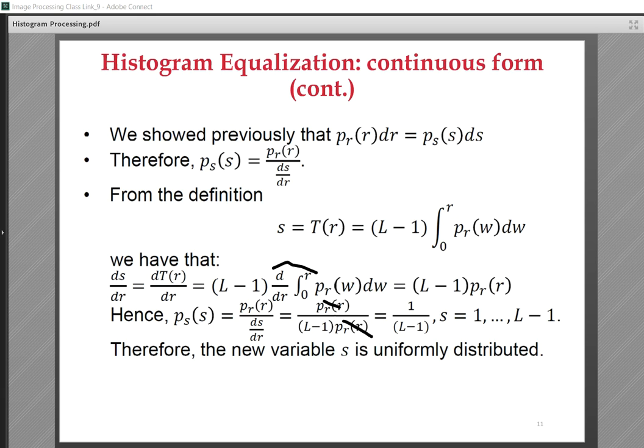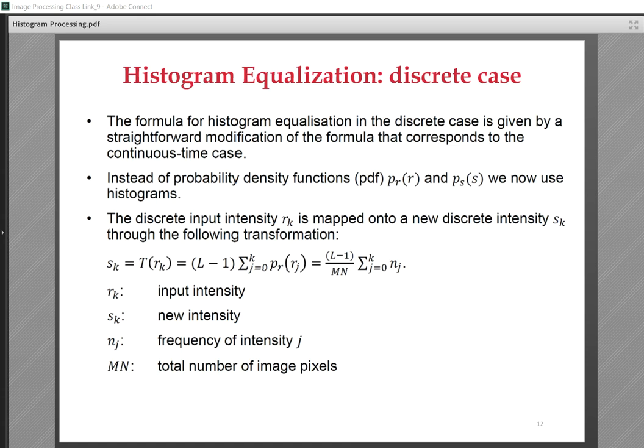Whatever S is, S1, 2, 3, etc., p_s is, for example, 1 over 255. Constant, flat, all over the range. Therefore, the new variable is uniformly distributed, or flat. The PDF of a uniform is very good for the resultant histogram.